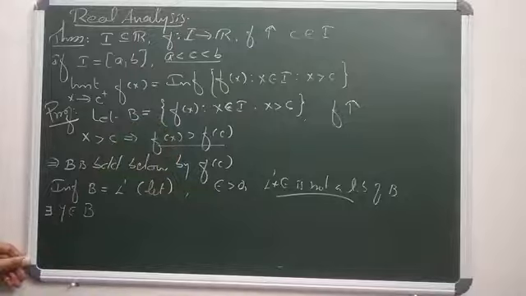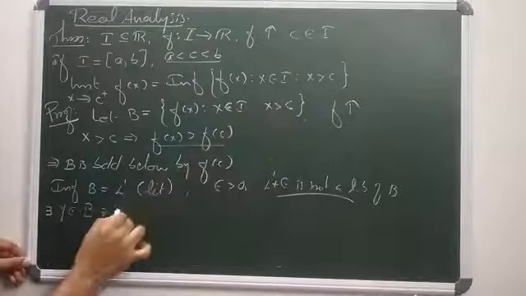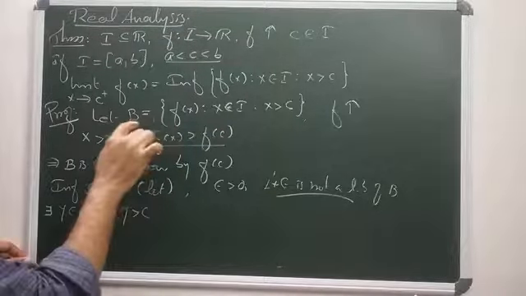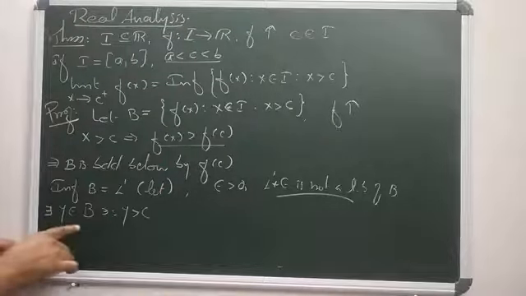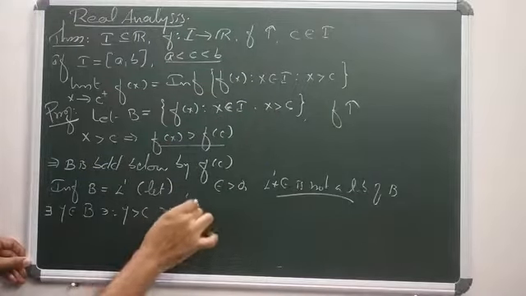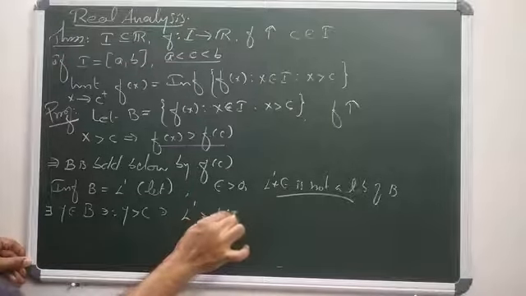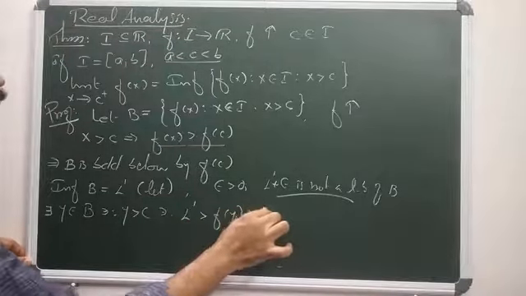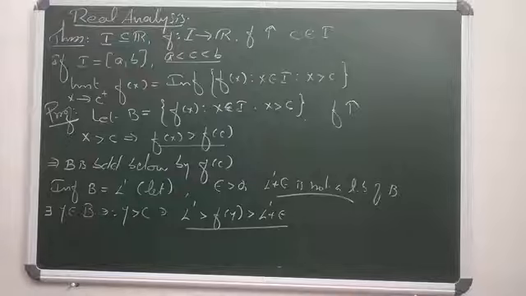The set of all f of x with x in I with x greater than c. So y is in B such that y is greater than c. Why? Because of the construction of B. So L dash is less than f of y, which is less than L dash plus epsilon.